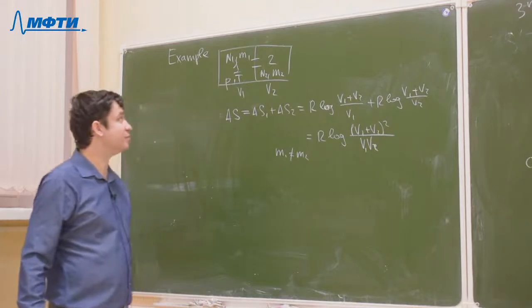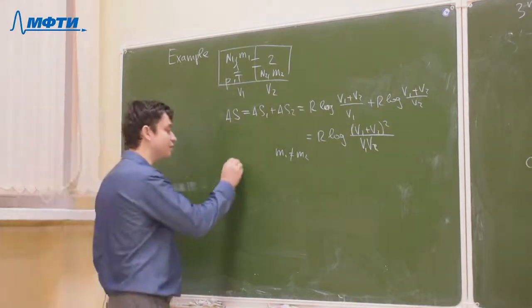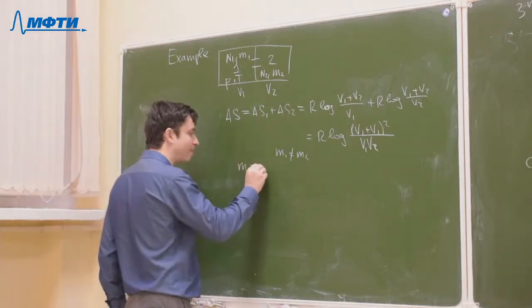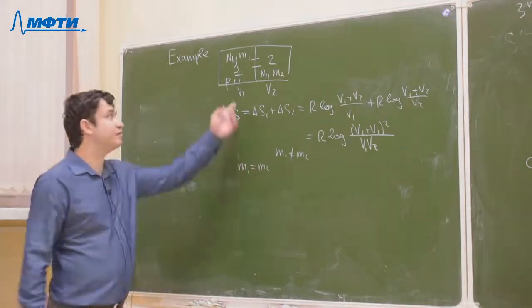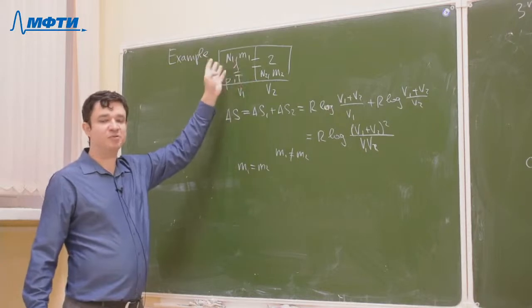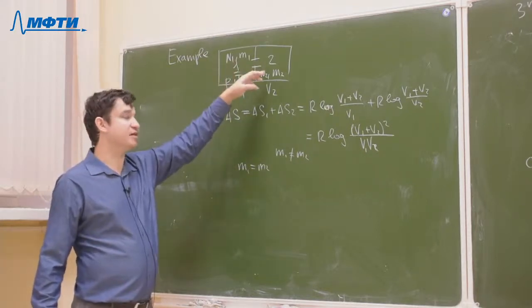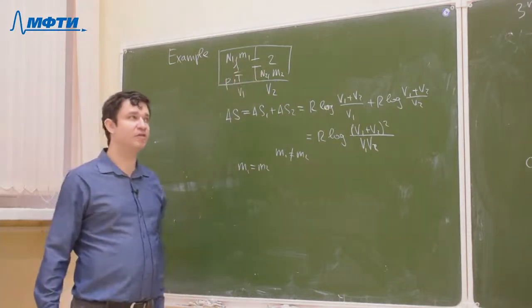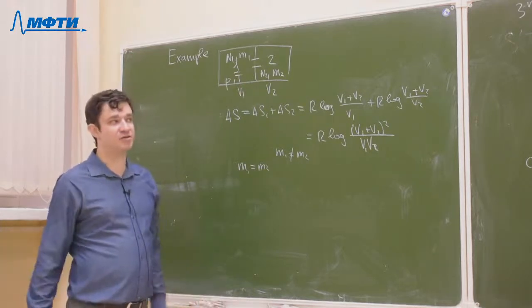But what happens when M1 is equal to M2? In fact, when we open this valve, some exchange between molecules in the first and the second volume happens, but nevertheless, microscopic states remain the same.